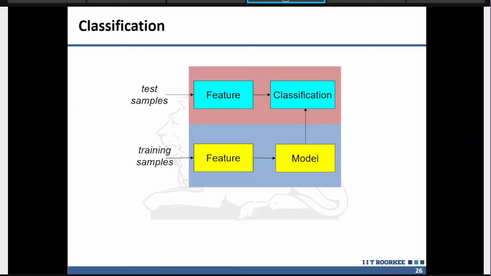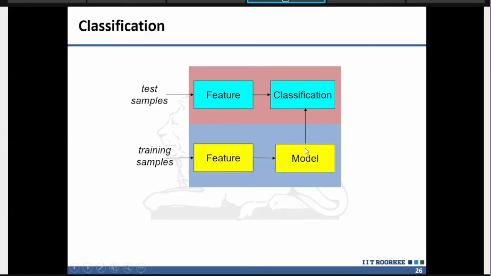So what is the framework for this? Very simple and straightforward. You will have a set of training samples. You collect them from users, patients, and from those signals you extract the features and make models.